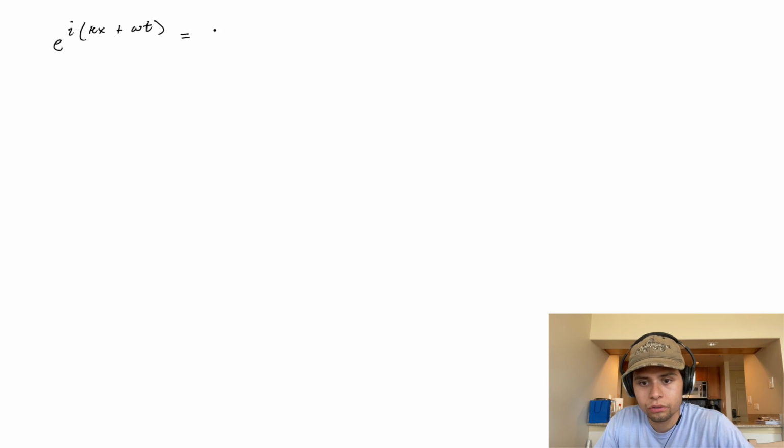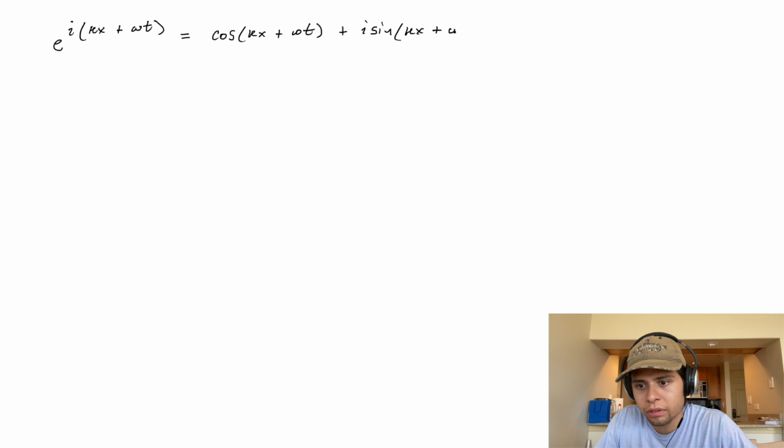So that equals the cosine of kx plus omega t, plus i sine kx plus omega t. Right, so this here is a wave, and it takes this form.